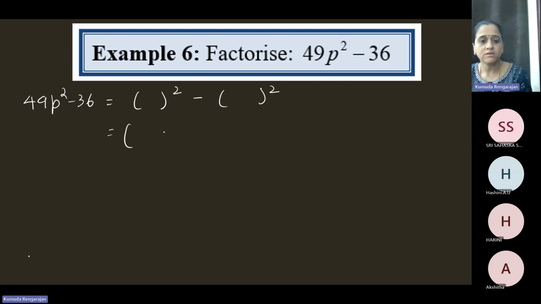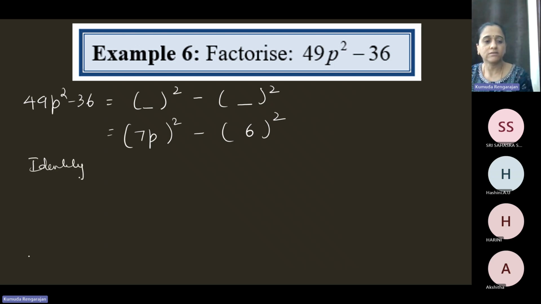Okay, so if you fill in the blanks, 7p minus 6. Correct? So what's the identity? a squared minus b squared is equal to a plus b times a minus b.